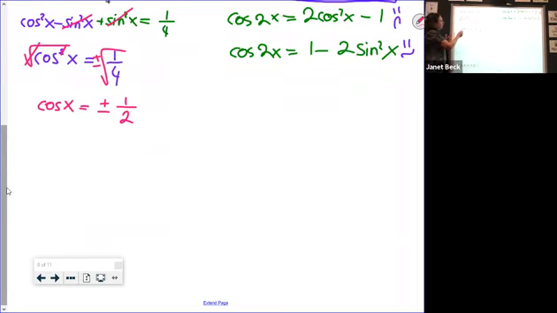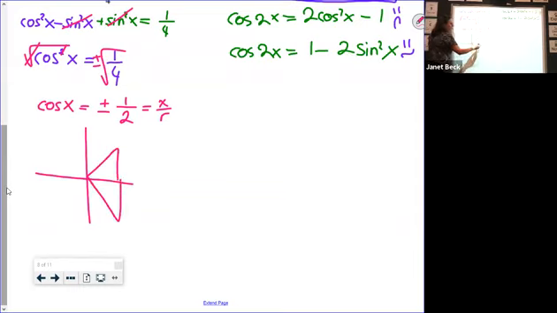So we know that the cosine of the angle is plus or minus 1/2, and we know a cosine is an x length in a triangle divided by an r length in a triangle. So I want to draw the triangles, and I've got to draw them in the right quadrant. Well, if the cosine was positive, we could have a triangle in quadrant 1 or quadrant 4, because the x's would have to be positive.